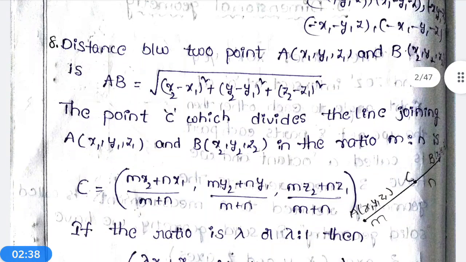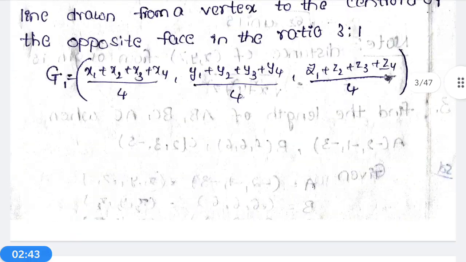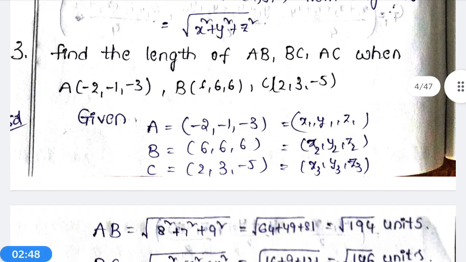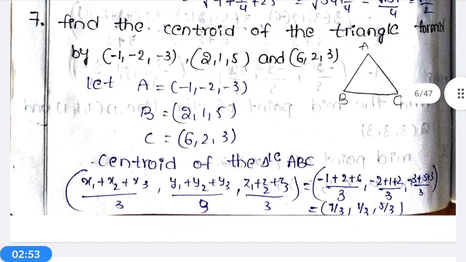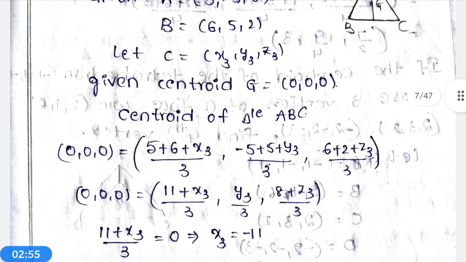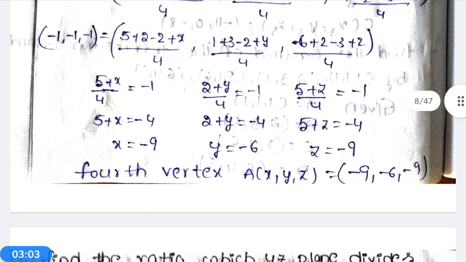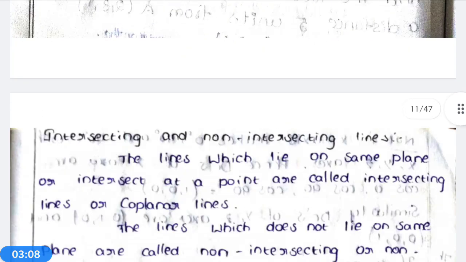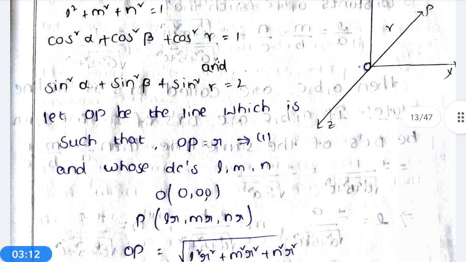Suppose the 2 endpoints are given, then we can compute the direction ratios a, b, c as the difference of the coordinates. That is, the direction ratios of the line joining A (x1, y1, z1) and B (x2, y2, z2) are a, b, c, where a is equal to x2 minus x1, b is equal to y2 minus y1, and c is equal to z2 minus z1.